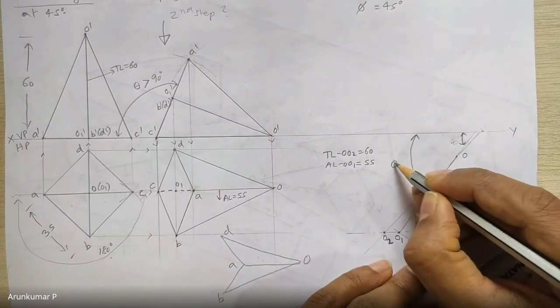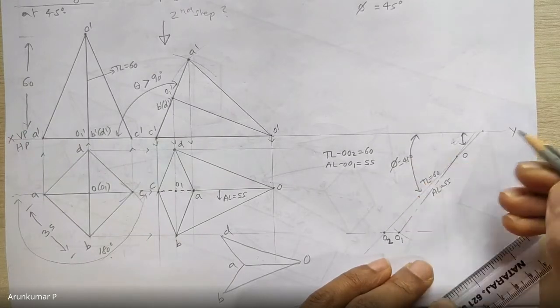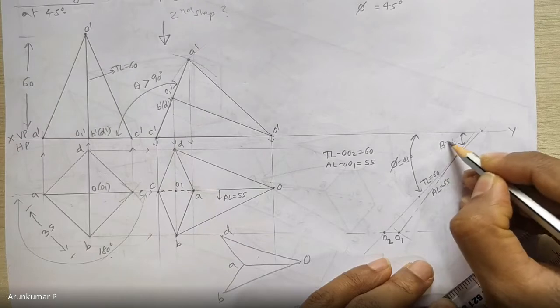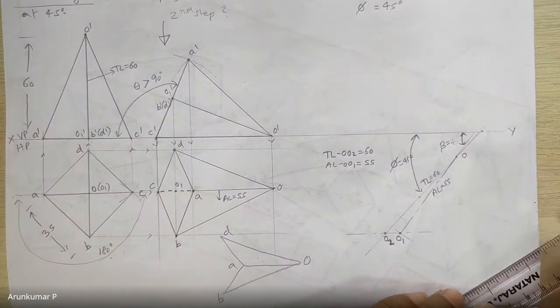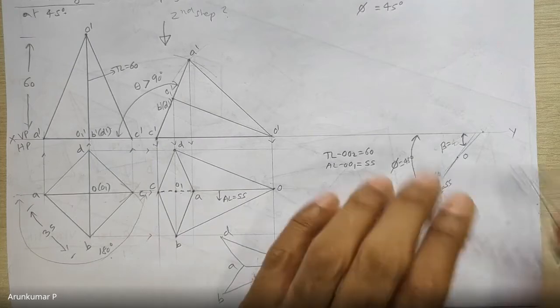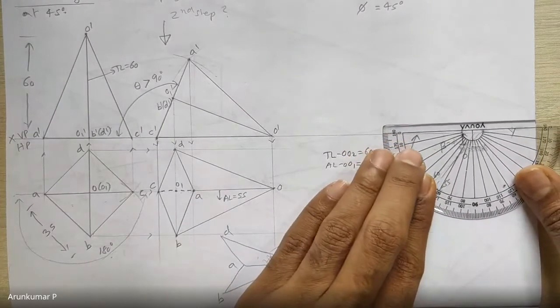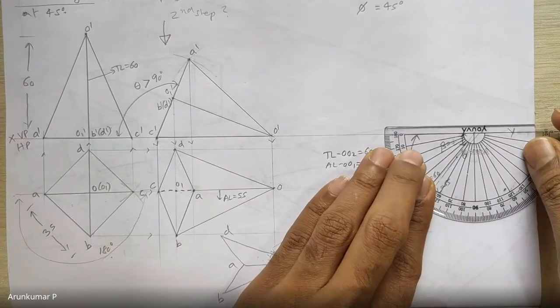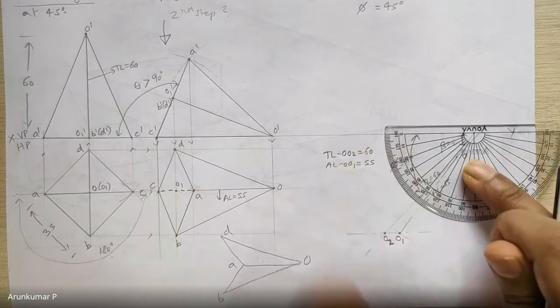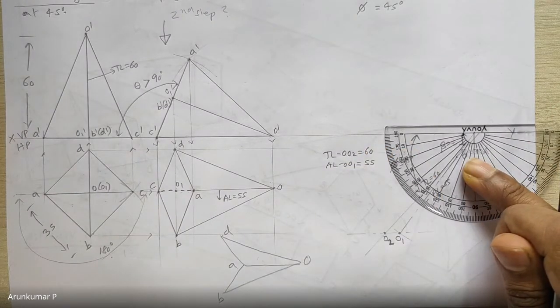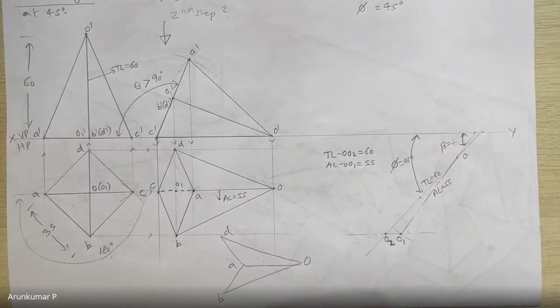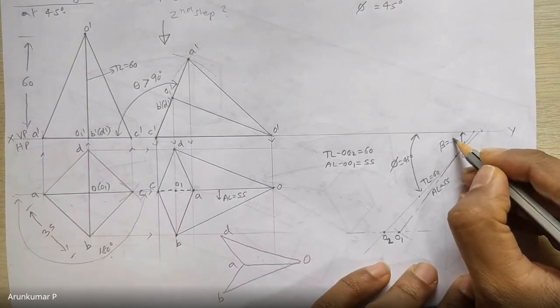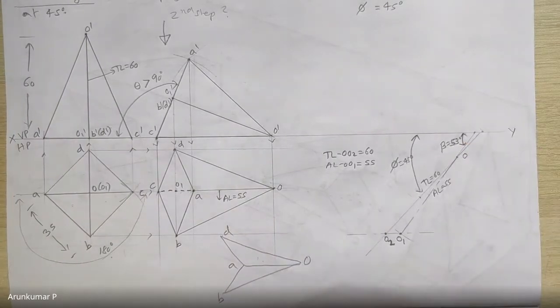This is your phi, which is 45 degrees, and this would be beta, which would be more. You can find out the angle, maybe it's around 50-55 degrees, not sure how much. You have to measure and see. Definitely it will be more than 45 degrees. What I'm getting is around 53 or 54 degrees. So you can see around 53 degrees. You can see beta 53, phi 45.